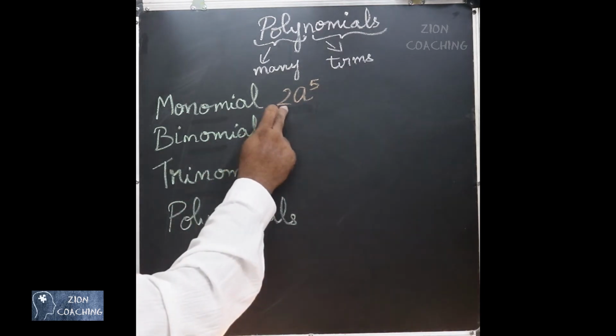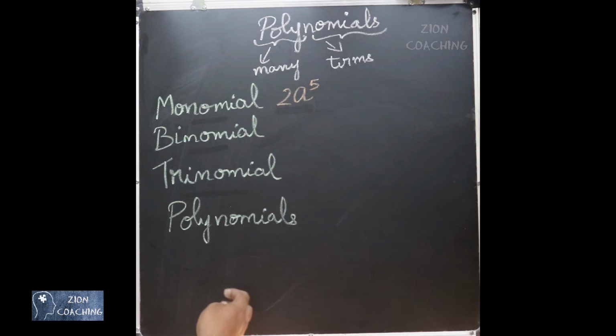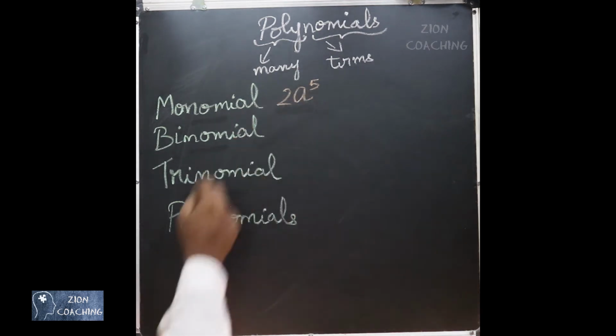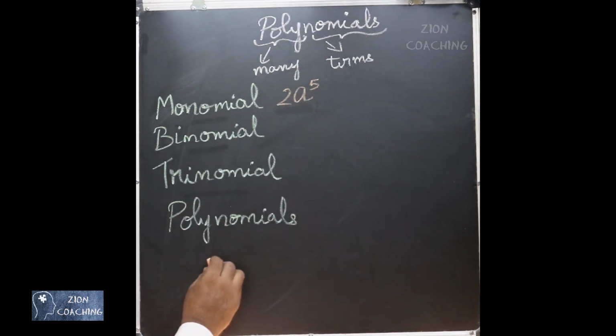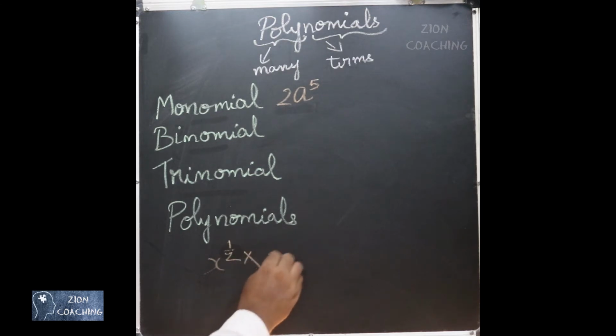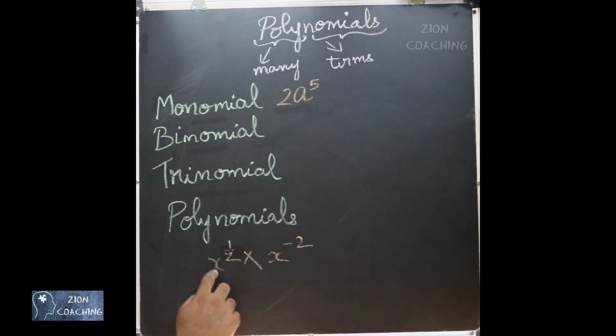So this coefficient can take any value, it can be any real number, but in a polynomial, the variable should not have negative terms as power. It cannot even have rational numbers as power. For example, x to the power of 1 by 2 is not allowed. x to the power of minus 2 is not allowed.